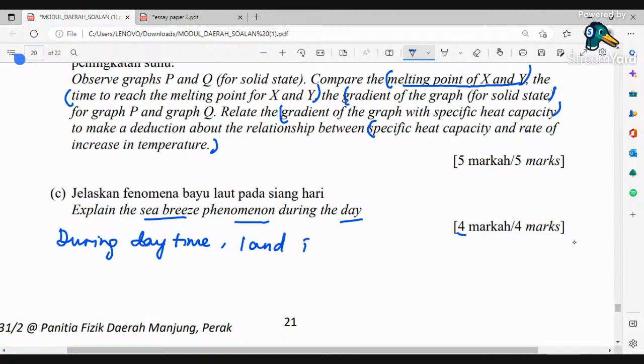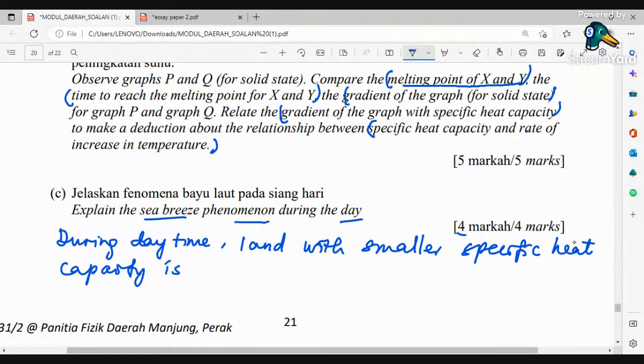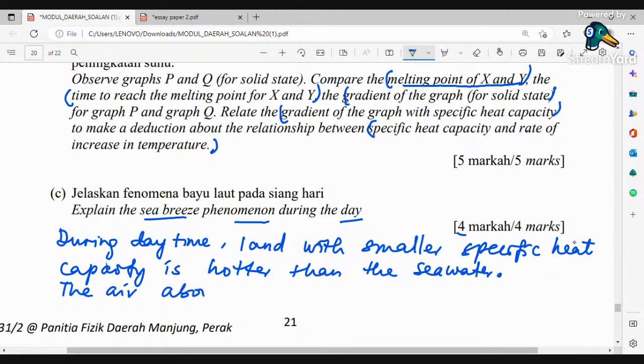Land is hotter. Land with smaller specific heat capacity is hotter than the seawater. The air above the land is hotter and rises up.